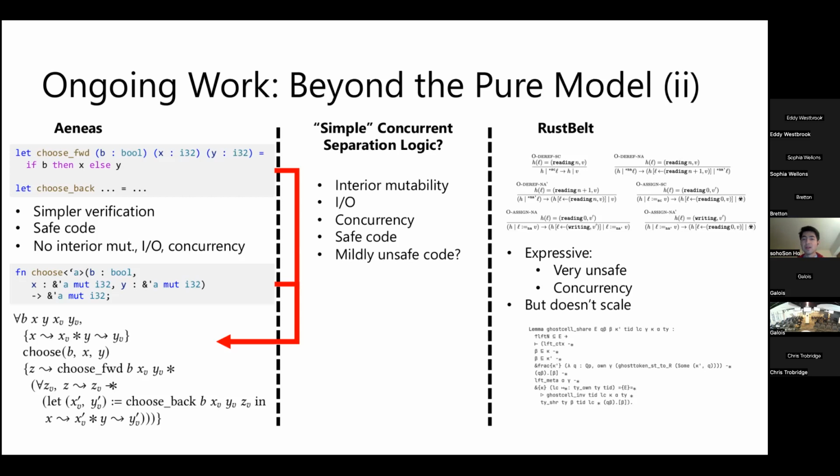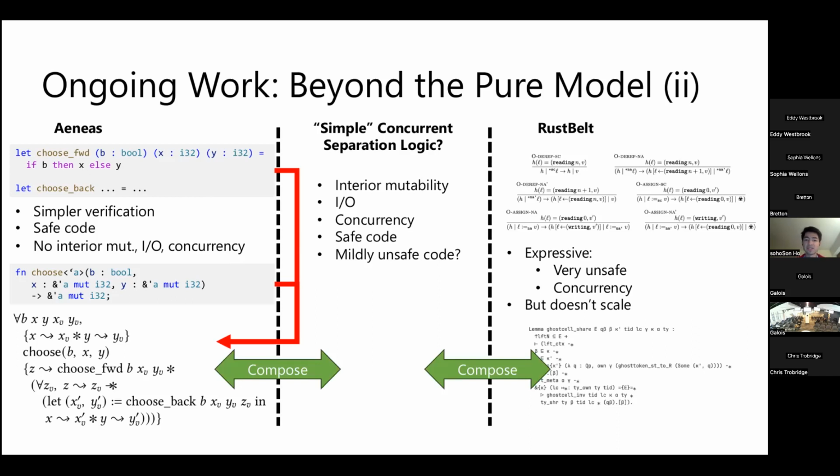And hopefully, by doing that, we should be able to reach a middle ground by which we have something like a simple concurrent separation logic, which gives us more expressiveness than what's on the left, while not being as complex as what's on the right. And of course, one question will be, can we find a way of composing everything?